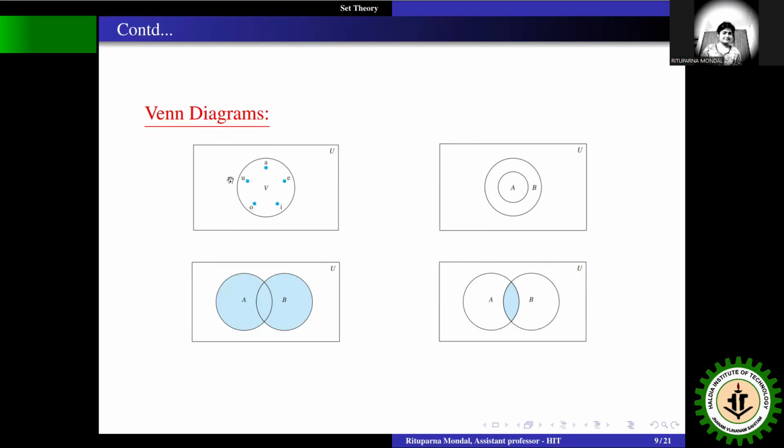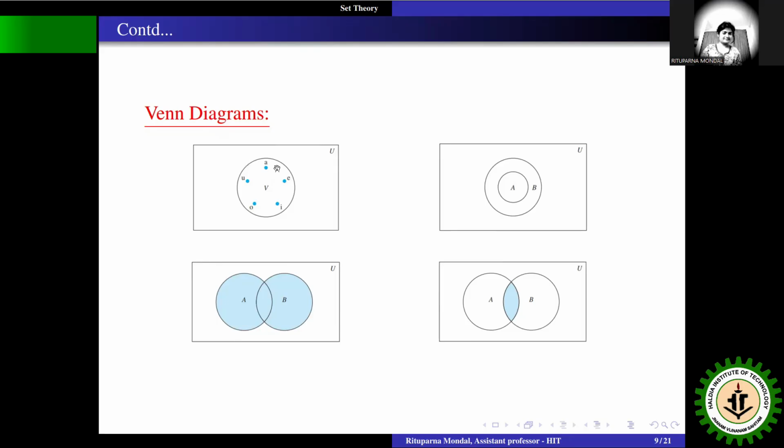Each circle represents a set, and their overlaps indicate the common elements. This one is the overlapping portion, so this represents the common elements, while elements not belonging to any set are outside the circle.